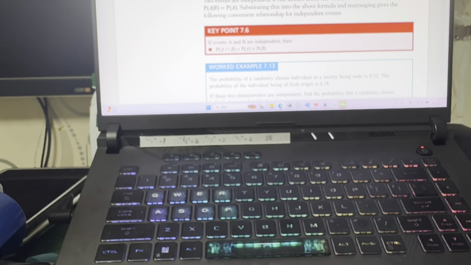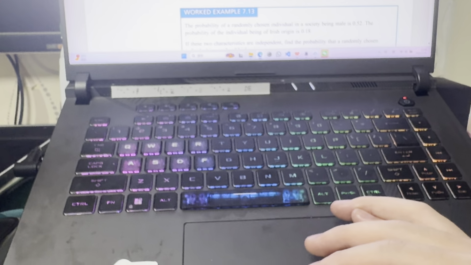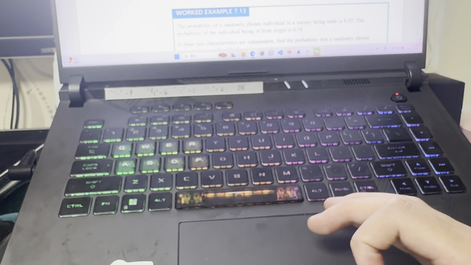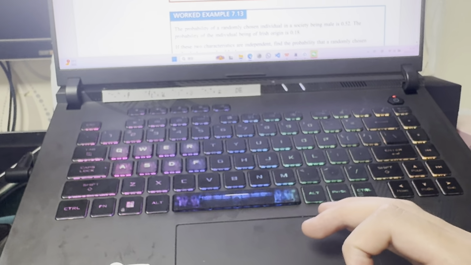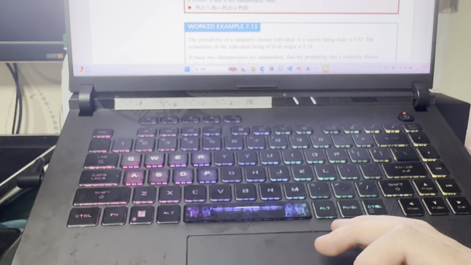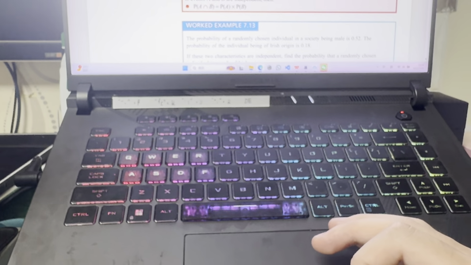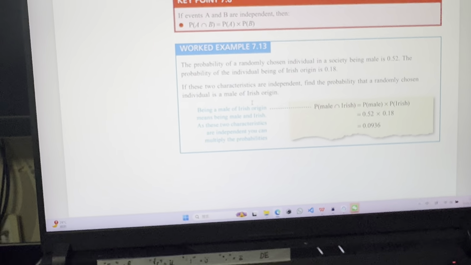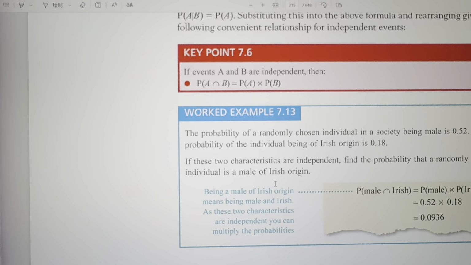So these two events are independent. When you calculate the probability of getting number 1 on the dice and flower on the coin, it is 1/6 times 1/2. So the probability of getting 1 and flower is 1/12.